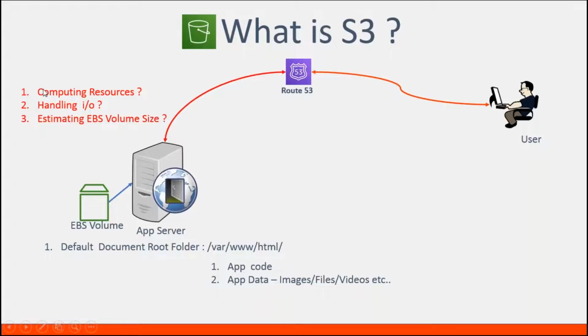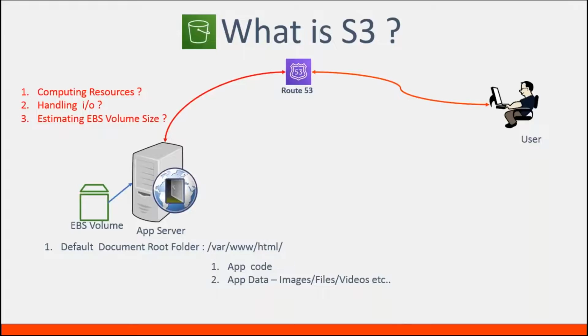The problem number one, computing resources. Let's say the user is uploading a 10 GB file. The 10 GB file should come to the server. The server should take the 10 GB data and the data should be stored in the www.html location. So to handle this file upload operation, the server has to spend more processor and memory capacity, correct?